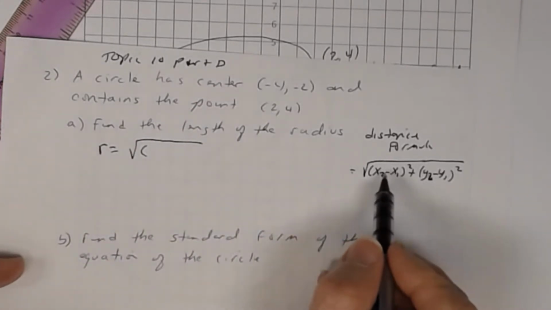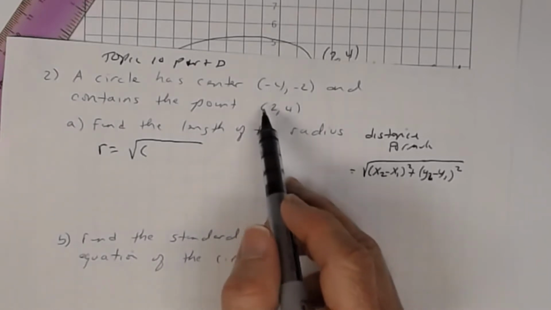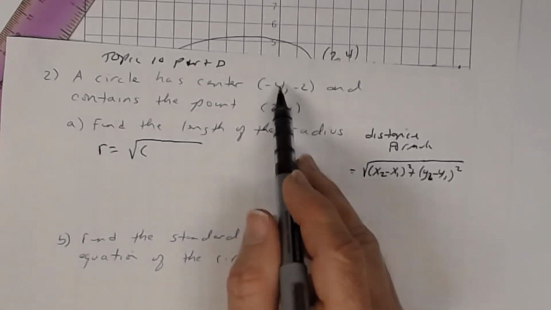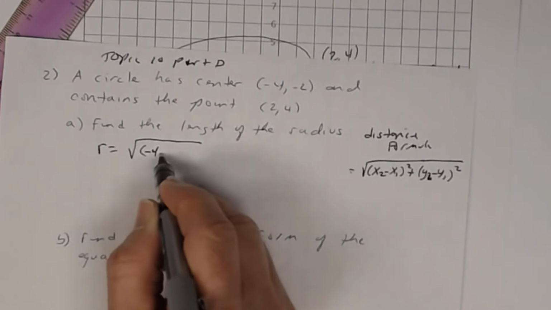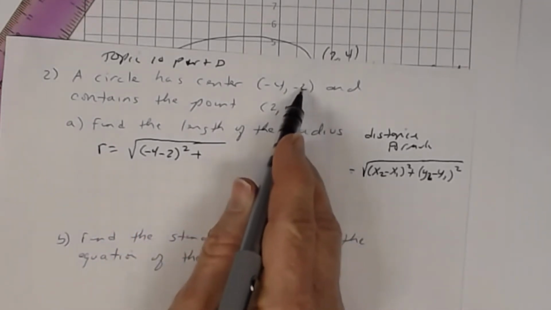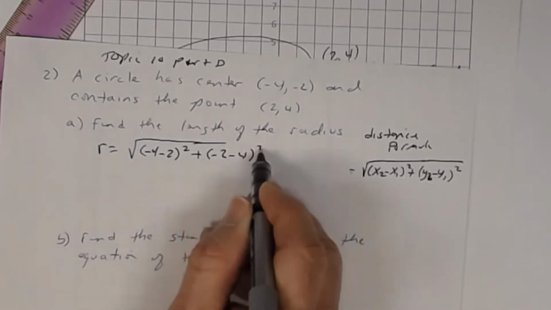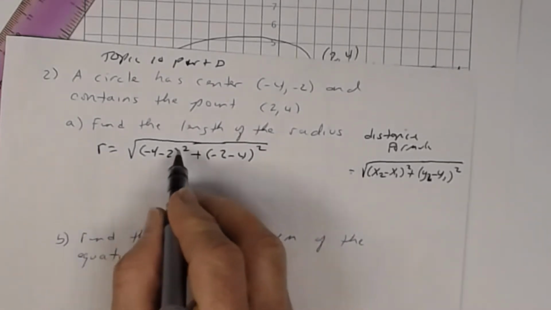And remember, it does not matter the order in which you subtract the x coordinates. So if you want to put -4 first, that's fine. So you're going to say (-4 minus 2) squared plus, and then the y, (-2 minus 4) squared. And then let's go ahead and simplify this.